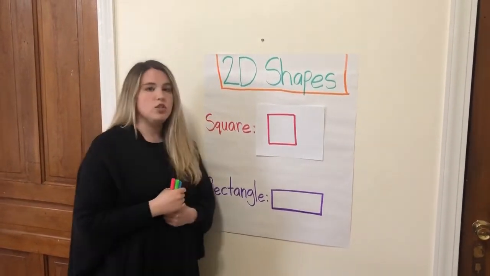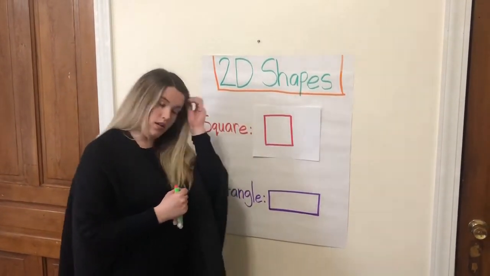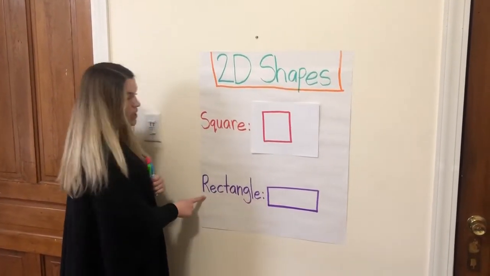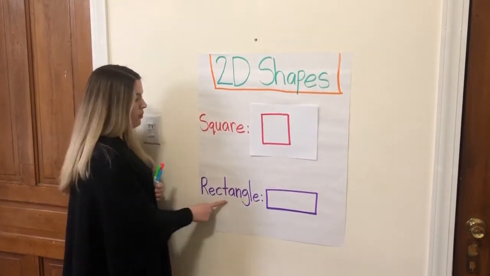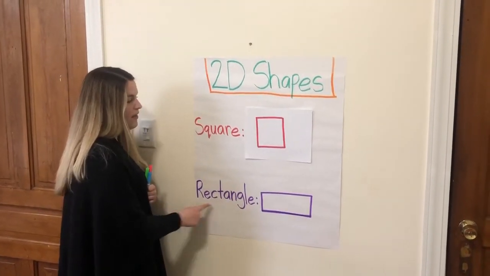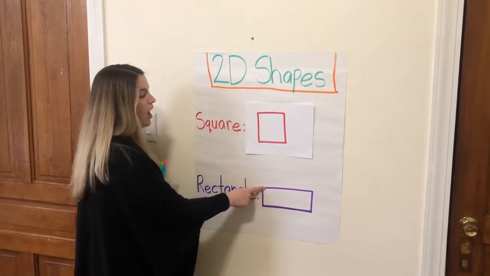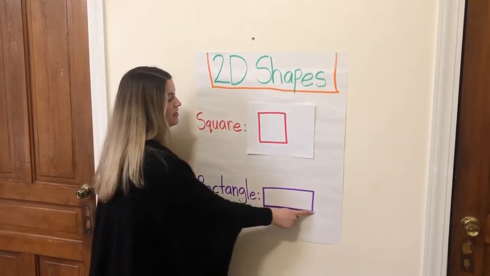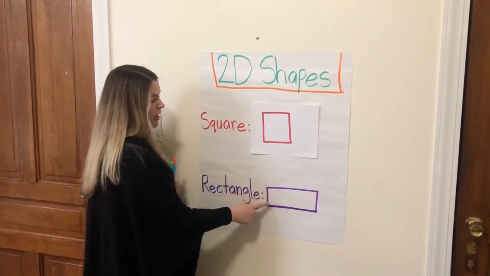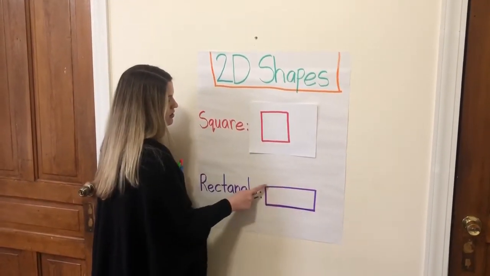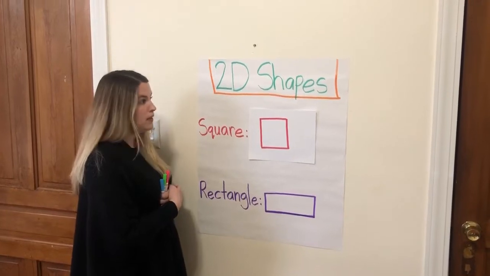The next shape is a rectangle. Now this is how we write rectangle using the word form, rectangle. And then this is what a rectangle looks like, okay? It also has four sides like the square, and it has four corners like the square does. But it's a little bit different.